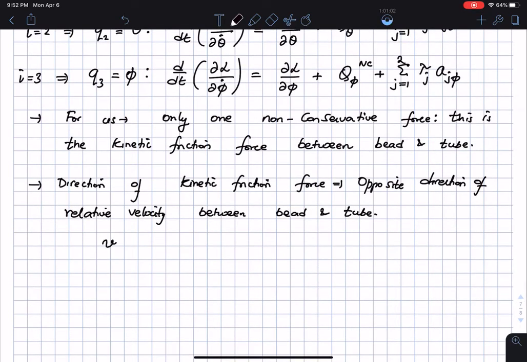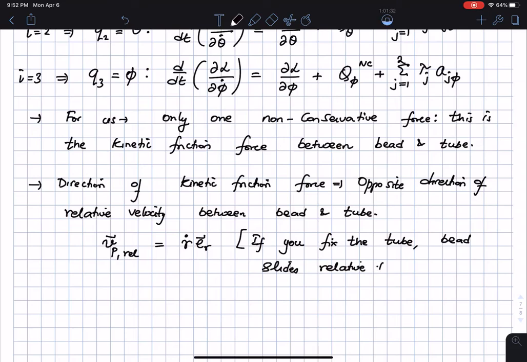And so v_P relative, as you can see, if I fix the tube, what is the thing the bead is going to do? The bead is just going to slide in the e_r direction, right? So v_P relative is just going to be r dot in the e_r direction. If you fix the tube, the bead slides relative to the tube in the e_r direction.